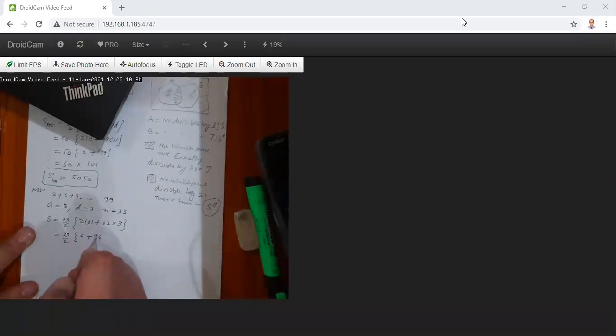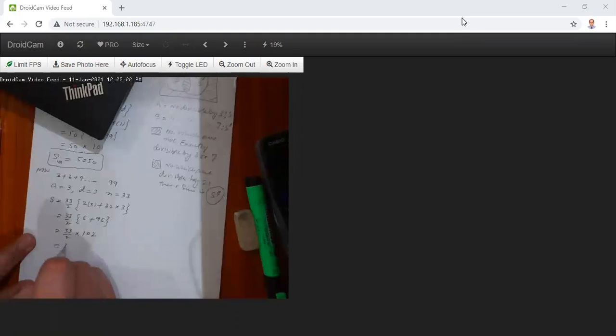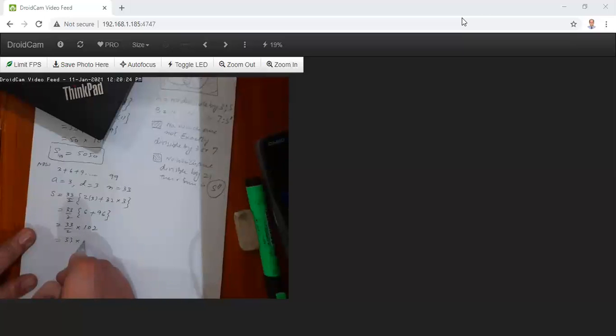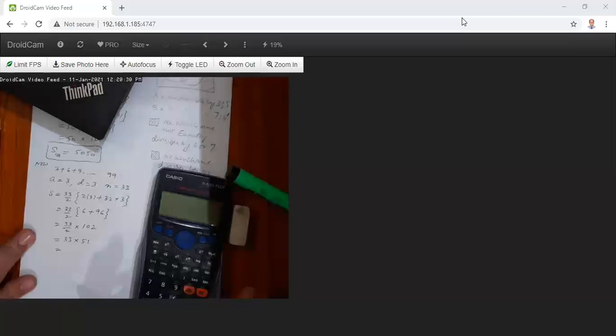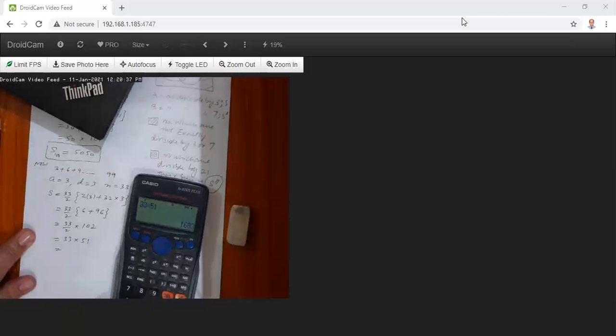So what you have here as 96 plus 6 is 102, and then you have 33 into 51. ठीक है, तो that's your result. 33 into 51, and that is 1683. That is S.